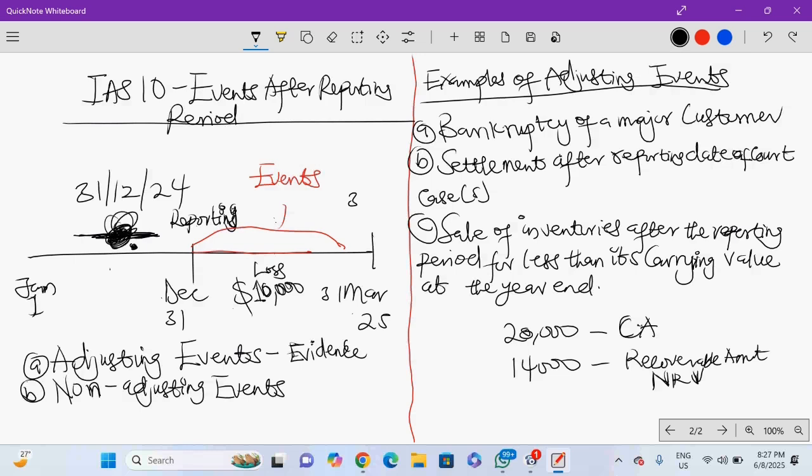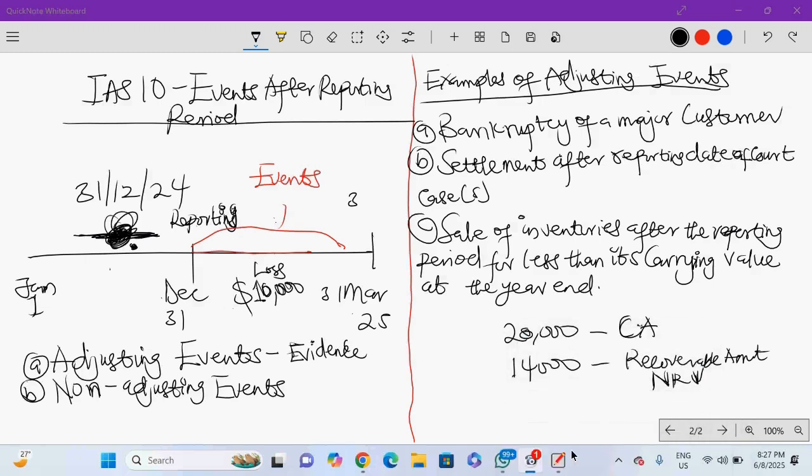So if you understand the meaning of an adjusting event, you'll be presented with some transactions and you have to determine whether it is an adjusting event or non-adjusting event. By the definition, you should be able to identify, no matter the type of transaction presented, whether it is an adjusting event or not, right?